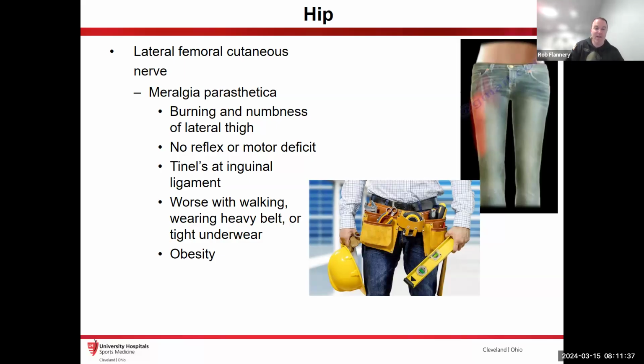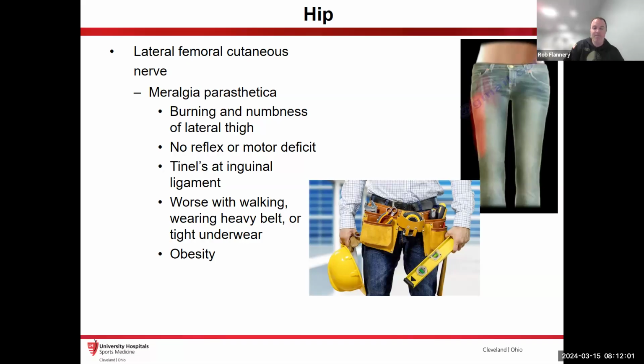So you can see this also with a large pannus. I've seen that once, where they got rid of everything and nothing. There were no tight belts. They weren't a police officer or a handyman or a construction worker wearing some sort of tool belt. It was just the obesity that was causing that, and it was just on one side, so it doesn't have to be bilateral.